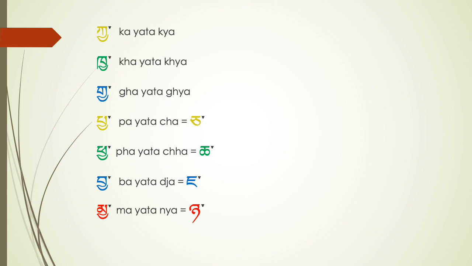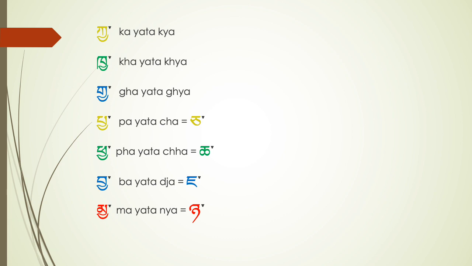It's a badly made ra and a badly made ya. So when you have this half ya below, it adds a y sound. So when you have ka with a yata, it becomes kayata, kya.